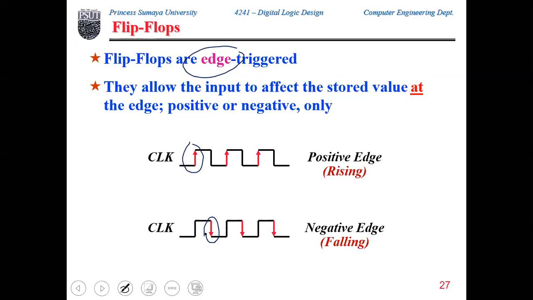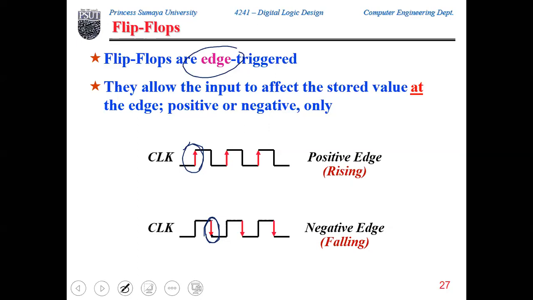So flip-flops are usually designed such that if the clock or the control changes from 0 to 1, then at that instant of time, the inputs are allowed to affect the stored value. Or the flip-flop can be designed such that if the clock is moving from 1 to 0, or falling from high to low, then the inputs are allowed to affect the stored value.